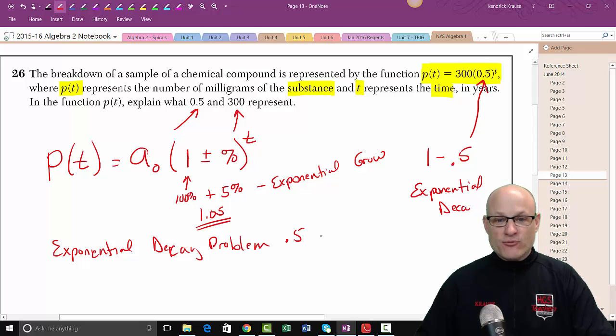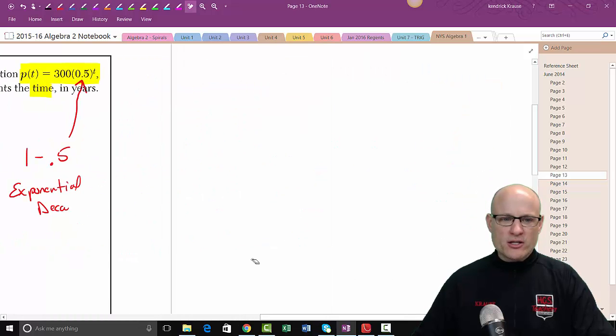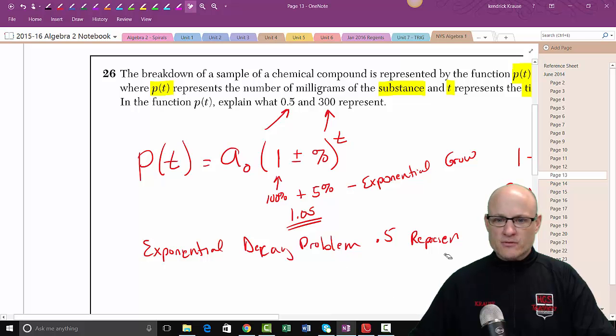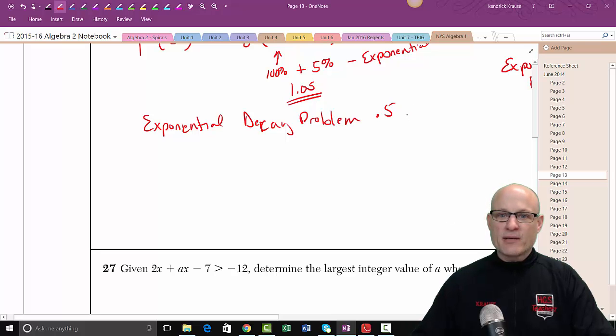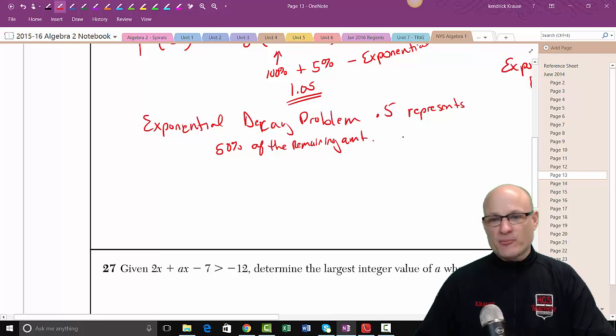And the 0.5 represents, sorry, what in the world am I writing? The problem is I'm at the bottom of my tablet here. The 0.5 represents 50% of the remaining amount. Which is to say, after each year, 50% is left.